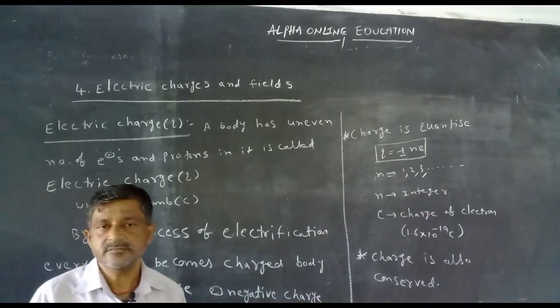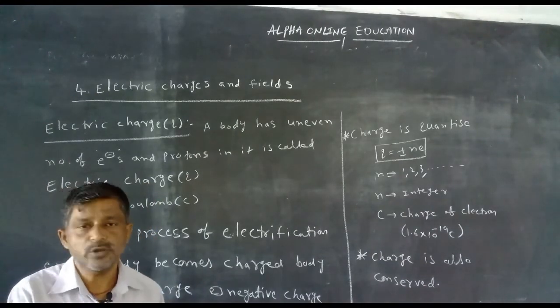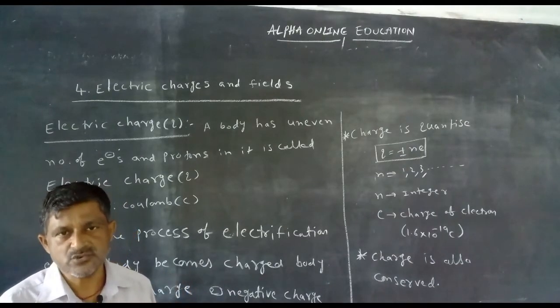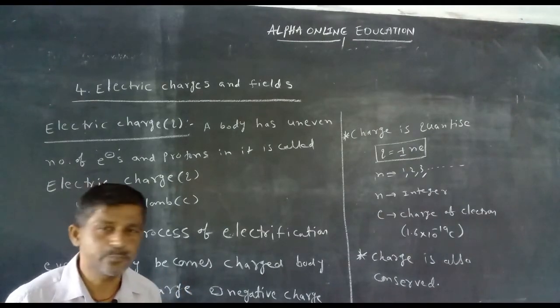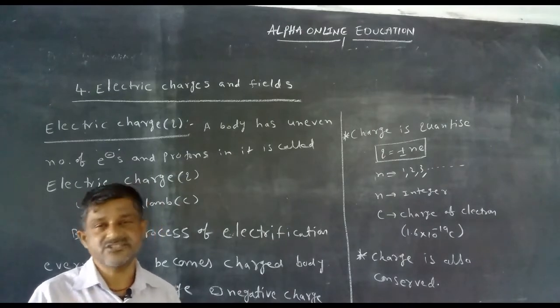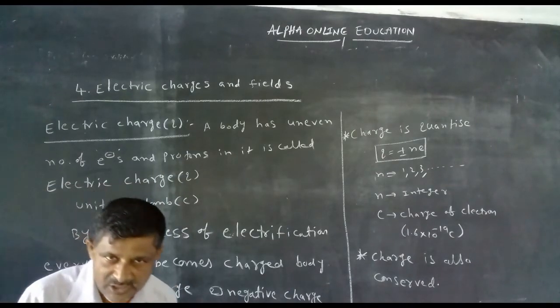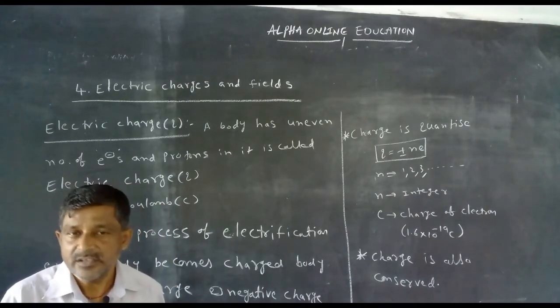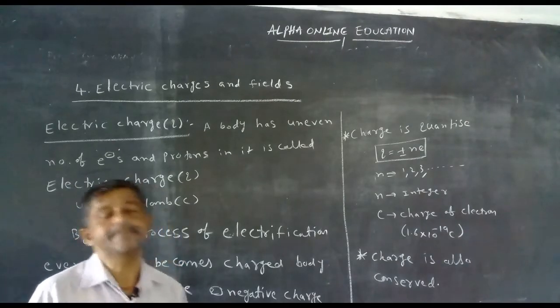In any body, if the number of electrons and protons is not the same, it is called an uneven number of electrons and protons. So it is called an electric charge or electrically charged body.